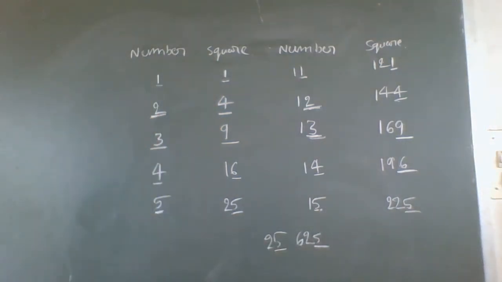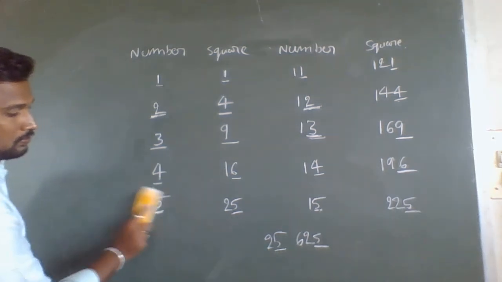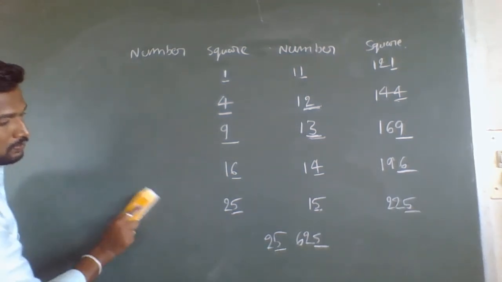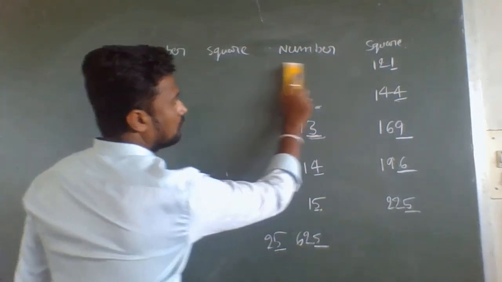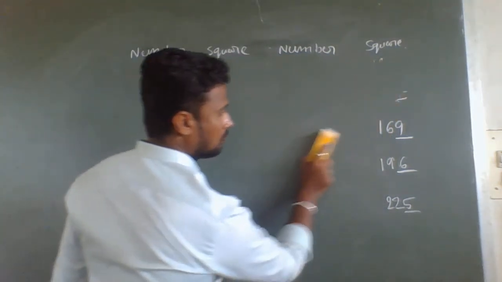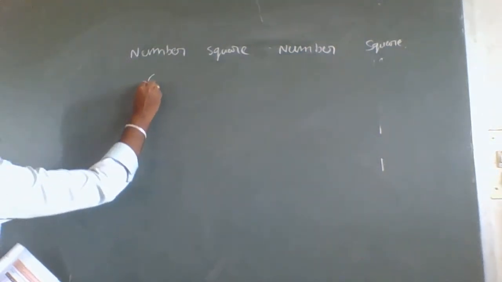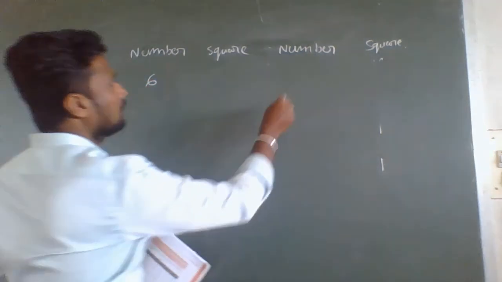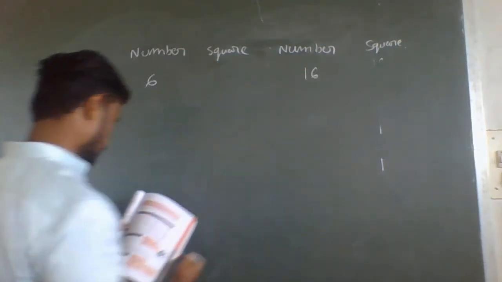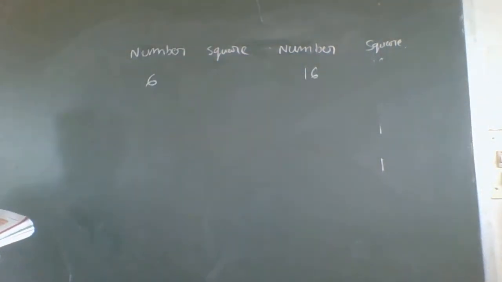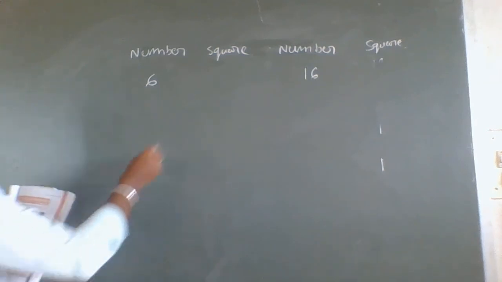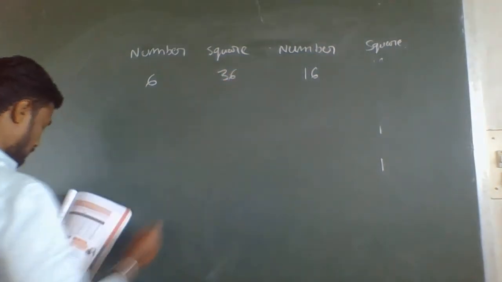So now I will continue with number 6. So here I will write 6 and 16. Square of 6 is 6 into 6, which means 36.